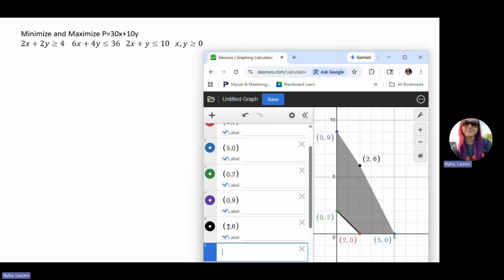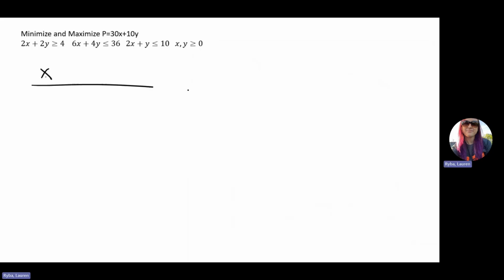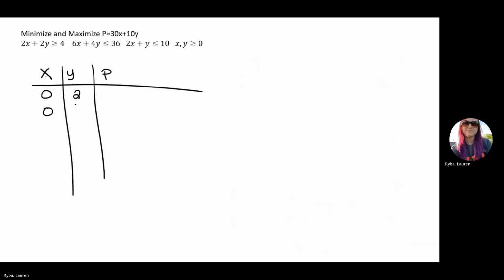So now I'm going to take all 5 of those, put them in a table, and plug them in for P. So let's see, I have X, Y, P: 0, 2; 0, 9; 2, 6; 5, 0; and 2, 0. It doesn't matter the order you put them in, just get them all on there. Okay, so remember P is 30X plus 10Y.